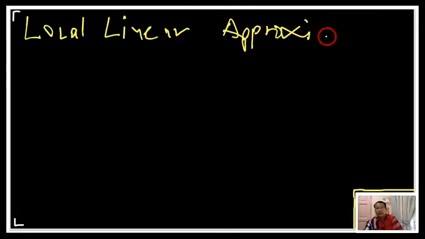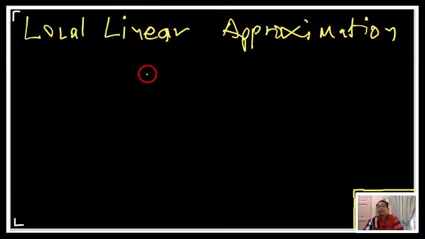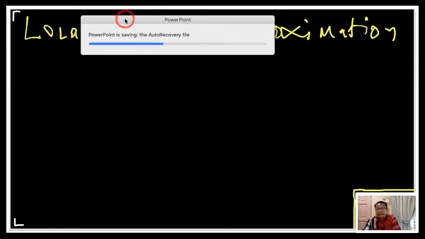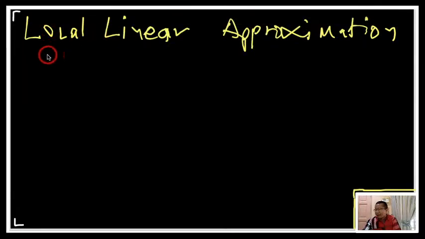Local linear approximation. How do you do approximation? Find the local linear approximation of f(x) equal to square root of x.